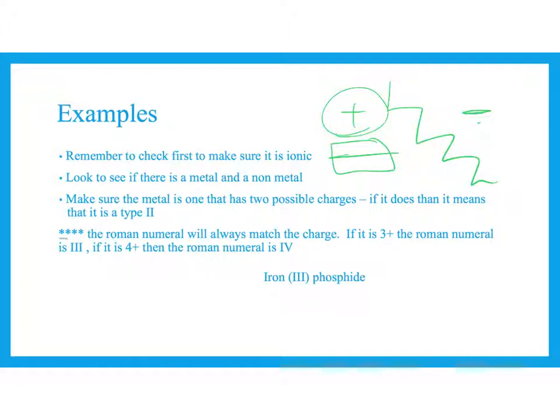There's another really important point I put with a whole bunch of stars here so that we remember. Anytime there are Roman numerals, the Roman numeral is always going to match the charge. So if it is a 3 in Roman numerals, that means it's iron 3 positive. If it said 5 for something, that would mean it was 5 positive.